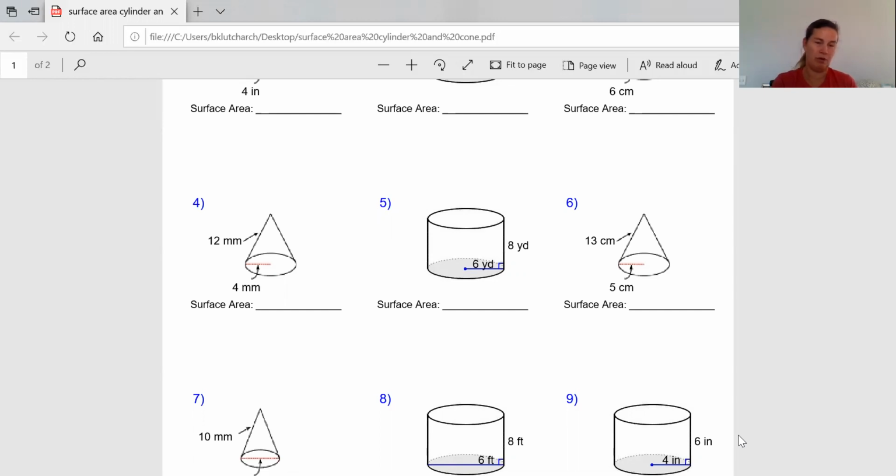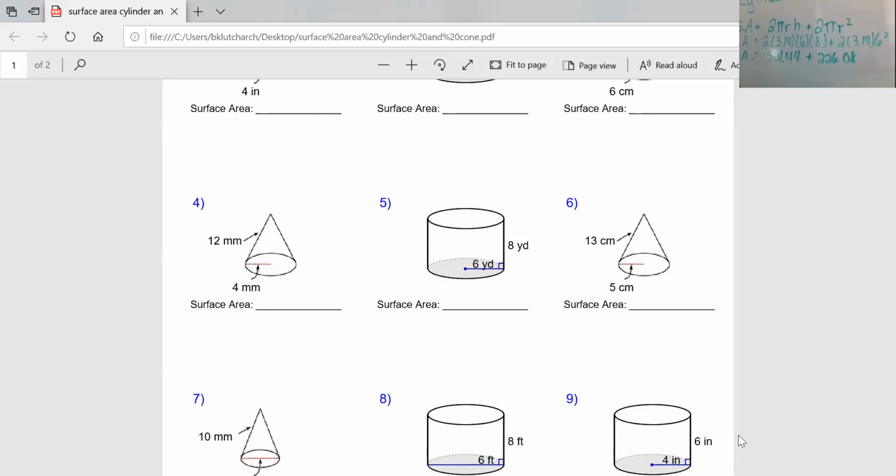So I have 2 times 3.14 times 6 times the height of 8 plus 2 times 3.14 times 6 squared. I'm going to go ahead and multiply those. You can be doing this at home as well. And I get 301 and 44 hundredths plus 226 800ths.